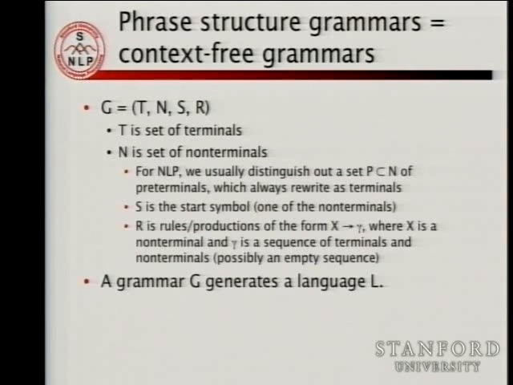So the pre-terminals are our parts of speech, like noun and verb, and adjective and pronoun. So pre-terminals are non-terminals, so they're a subset of N, but they always rewrite as a single word. And then you have other categories like noun phrase, verb phrase, sentence, which will rewrite as some combination of other non-terminals and pre-terminals. And people do that just because it's a manifest fact of natural languages.